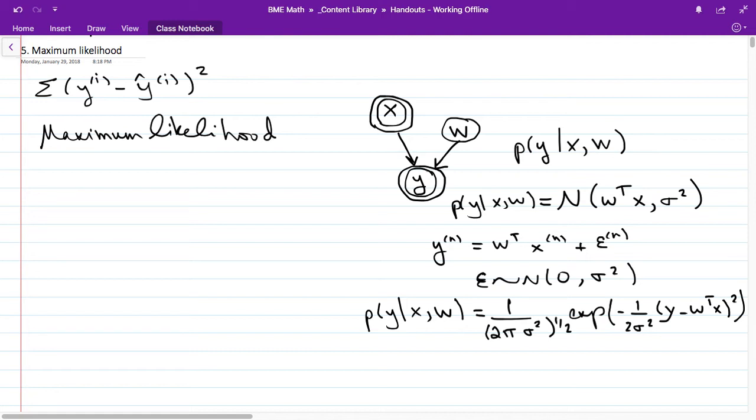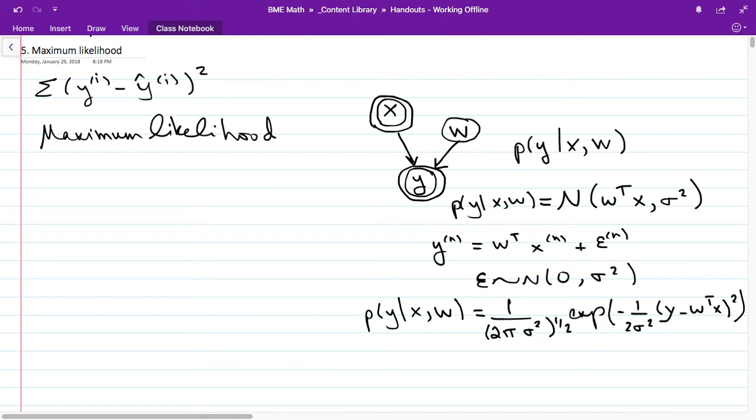So what I did is to try to write the problem of regression using a probabilistic approach, where I measure some variable x, I measure some variable y, and I want to know this w. And I believe what I'm measuring is related to x and w using this model that you see here, this probability distribution.